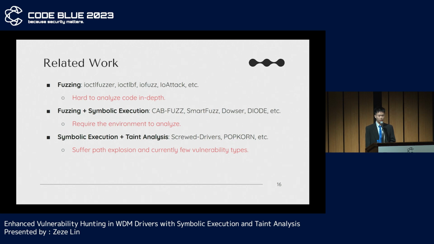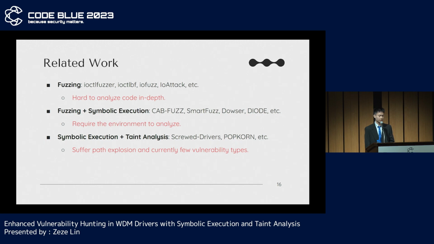The related work of IOCTL Lens includes fuzzing, like IOCTL Fuzzer and IOCTL BF. This type of research is relatively simple. However, it is hard to analyze the code in depth. The second type of related work combines fuzzing and symbolic execution, like CAPFuzz and SmartFuzz. This type of research does very well.